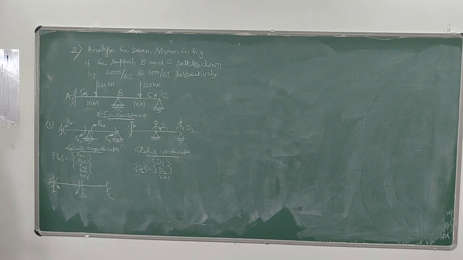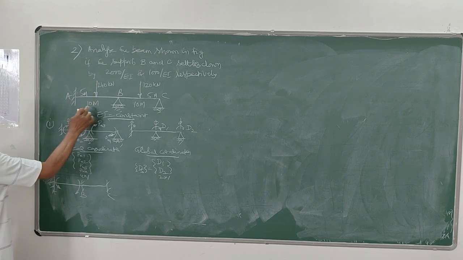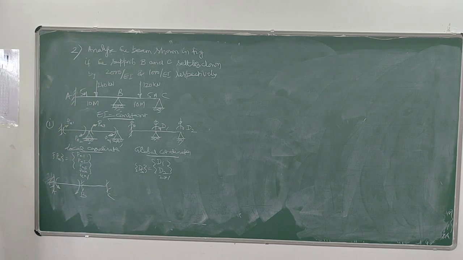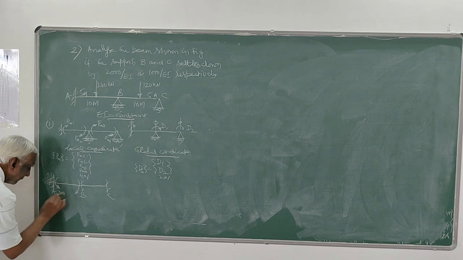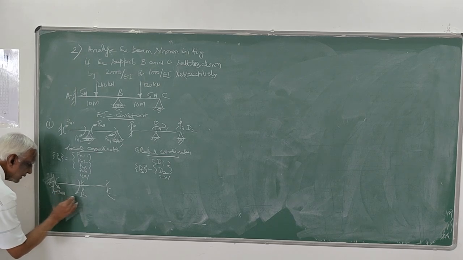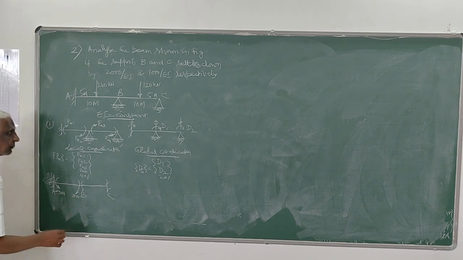WL by 8, that is 240 into 10 divided by 8, which means it is 300, minus here, plus 300 here.